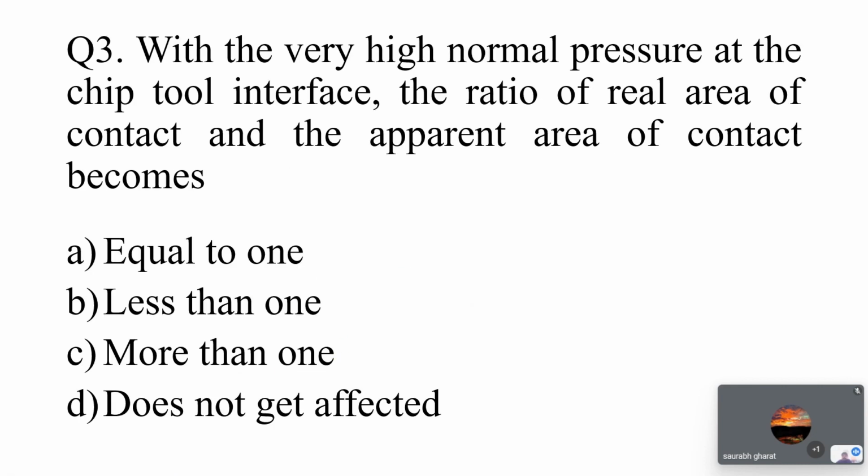With very high normal pressure at the chip-tool interface, the ratio of the real area of contact and the apparent area of contact becomes: less than 1, equal to 1, more than 1, or does not get affected.